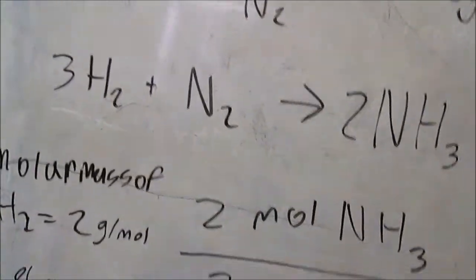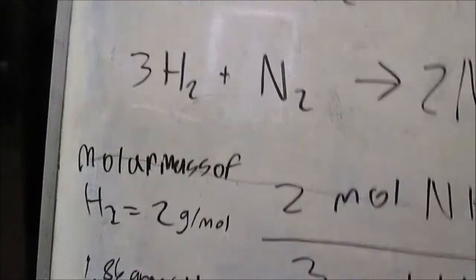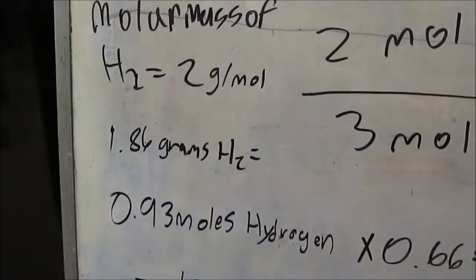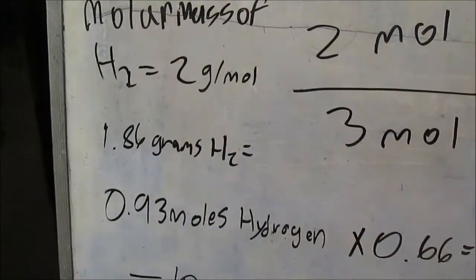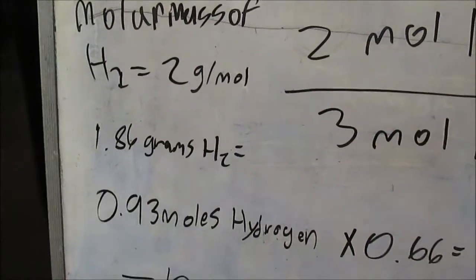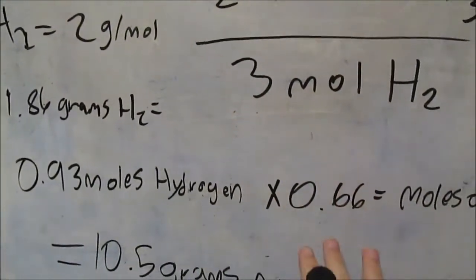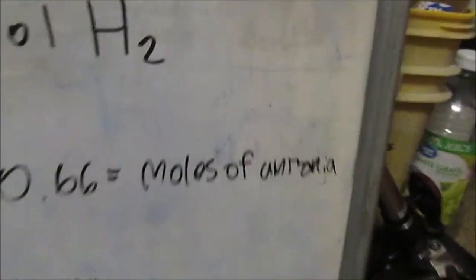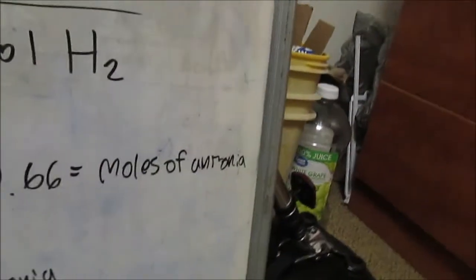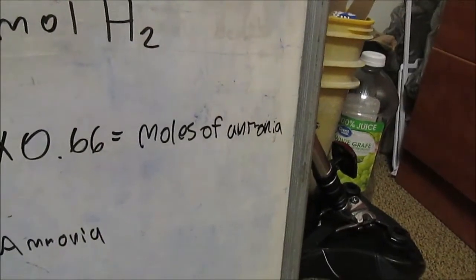So 2 divided by 3 is 2/3, or 0.66. So knowing that we have 0.93 moles of hydrogen, and 2/3 of that is the amount of moles of ammonia, we simply multiply 0.93 times 2/3, which is 0.66, and that tells us the moles of ammonia, which is some number of moles.